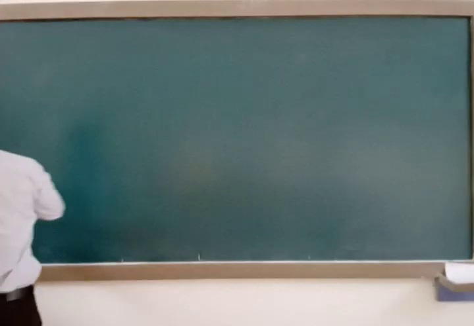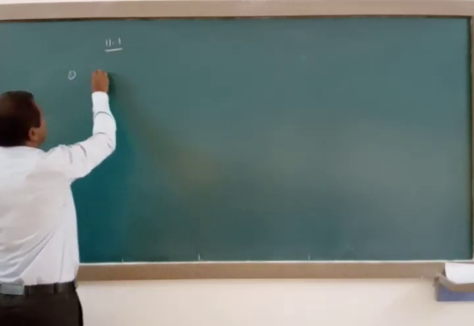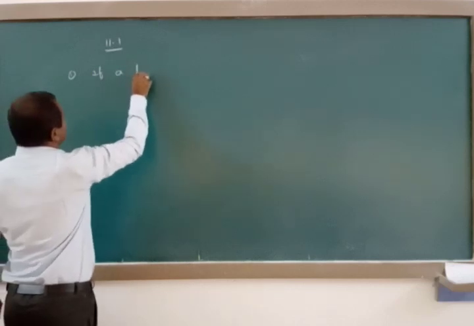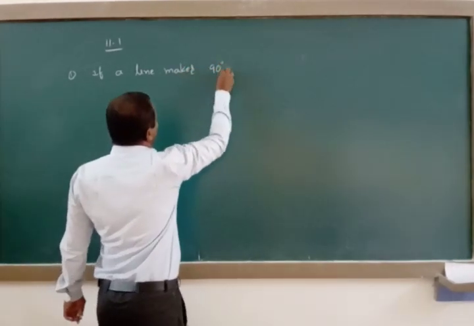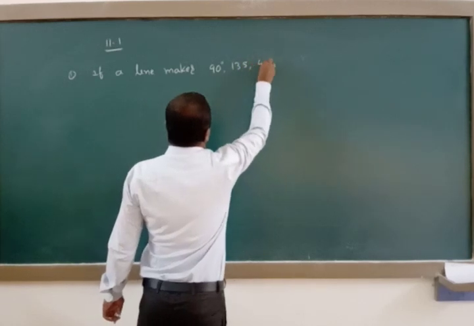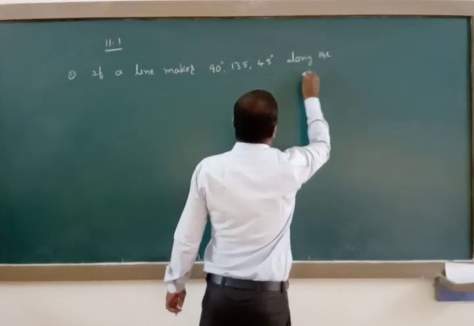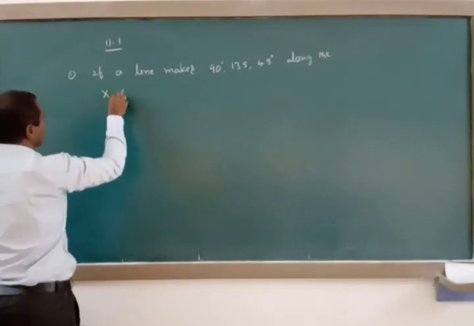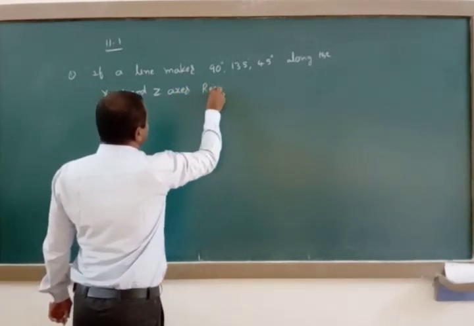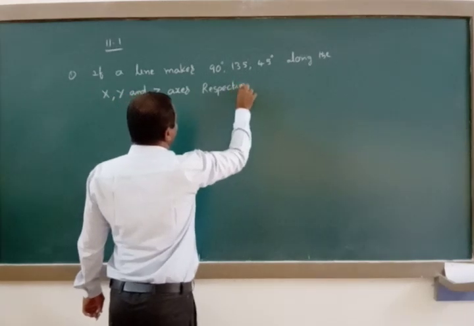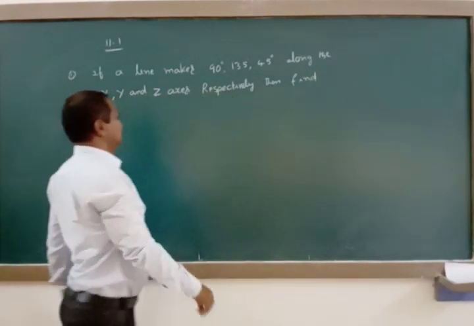First, exercise 11.1, problem number 1. If a line makes angles 90 degrees, 135 degrees and 45 degrees along the x, y and z axes respectively, then find the direction cosines.